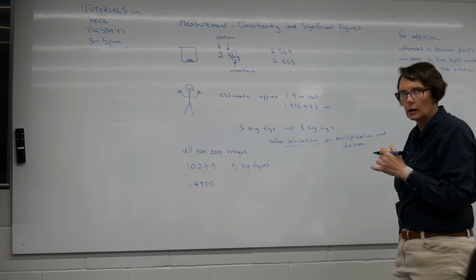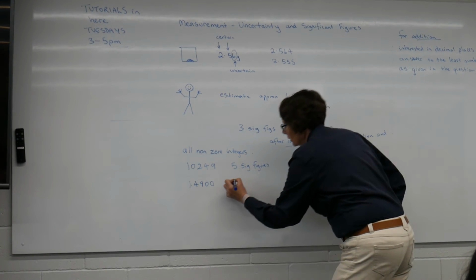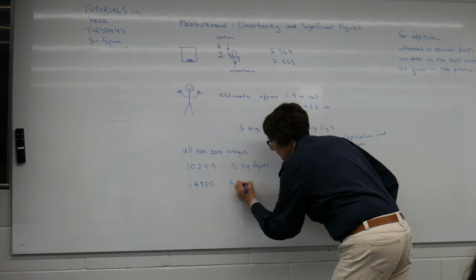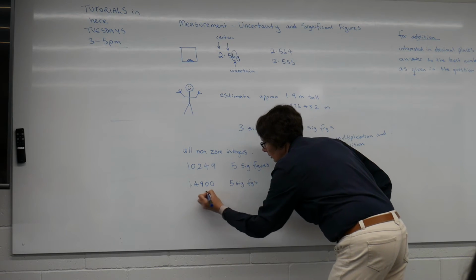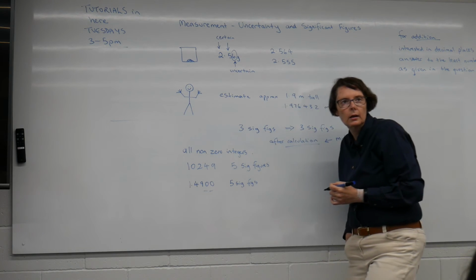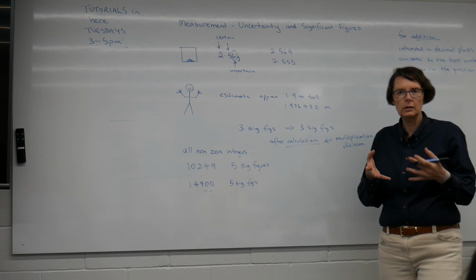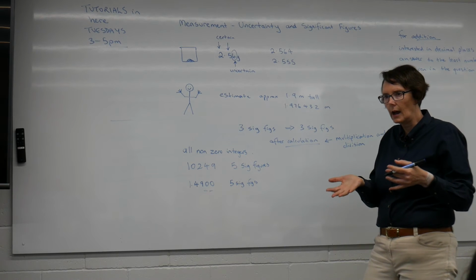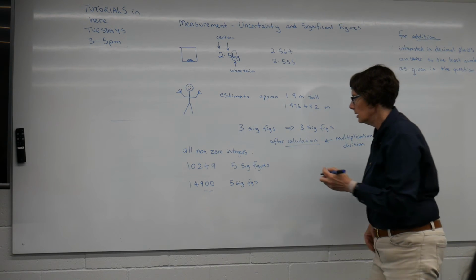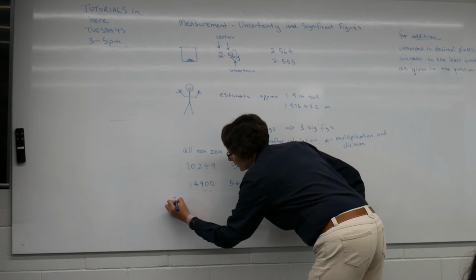This number also has 5 significant figures because my zeros are at the end, and so I've deliberately included them. This is giving me an idea of the accuracy of my measurement. Okay, so zeros at the end.